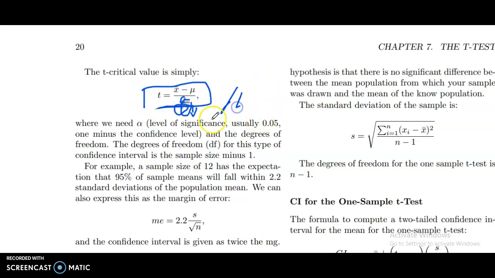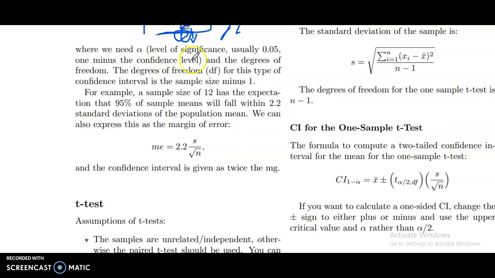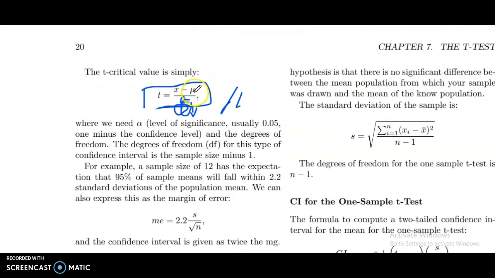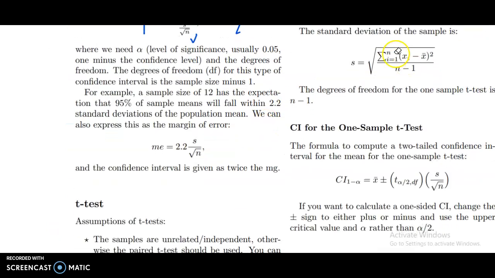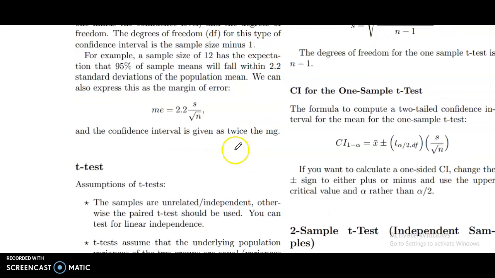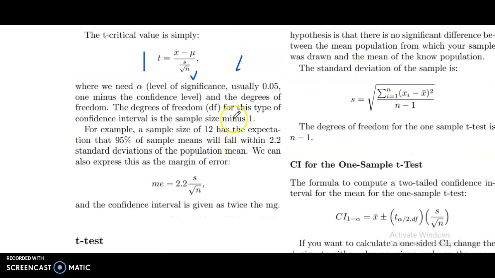Sorry, the t critical value. There we need the alpha level of significance, usually 0.05, which is 1 minus the confidence level, and the degrees of freedom.